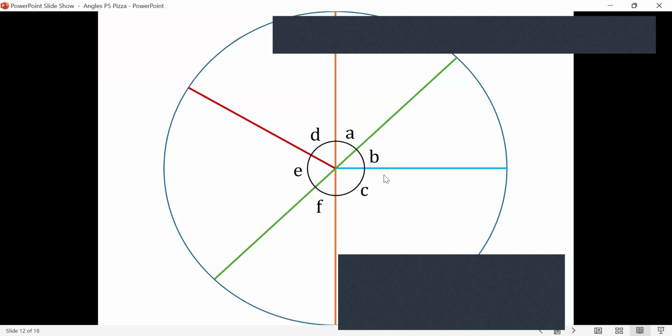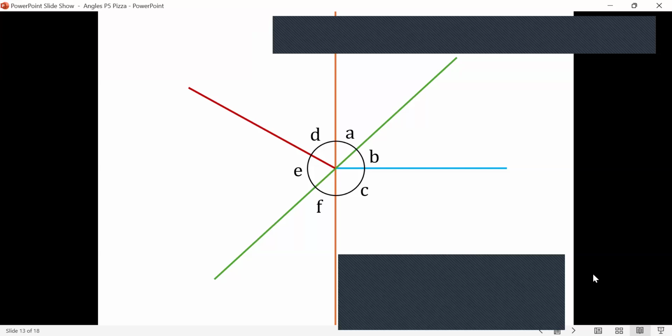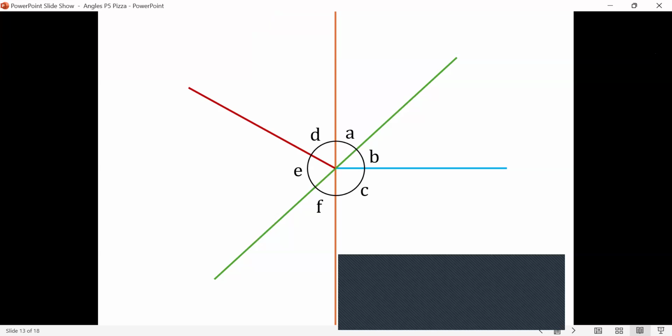Now, if I remove the circle, what do you see? Can you still see the pizza?